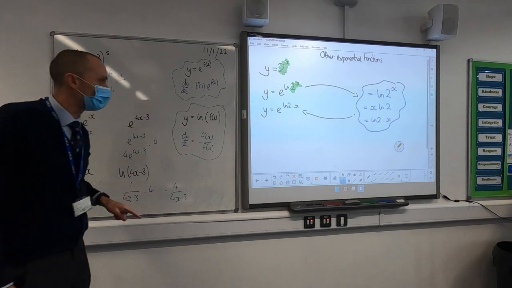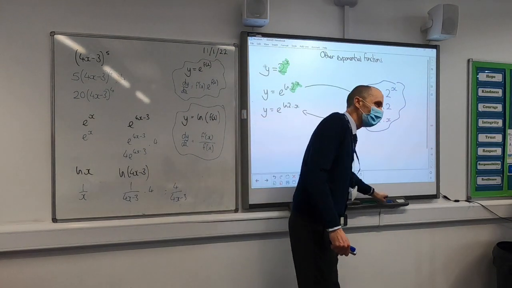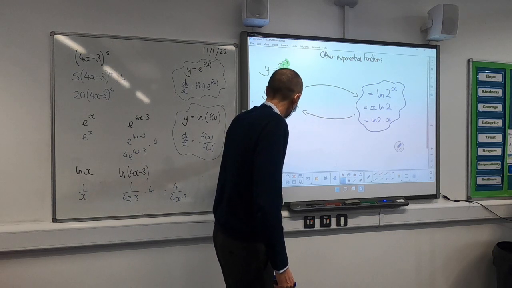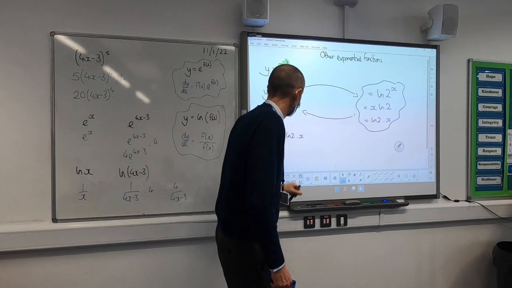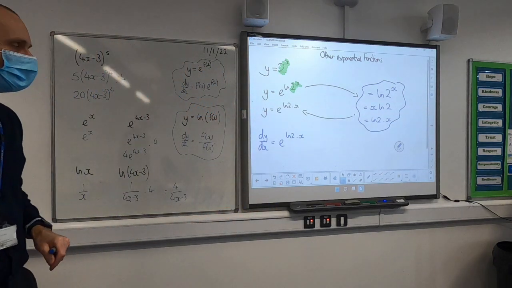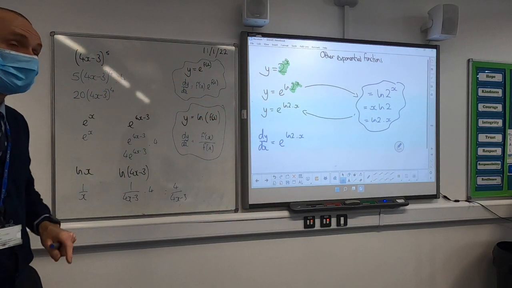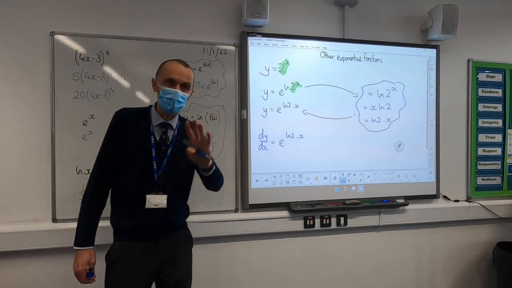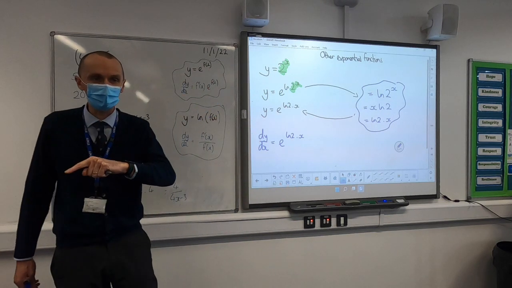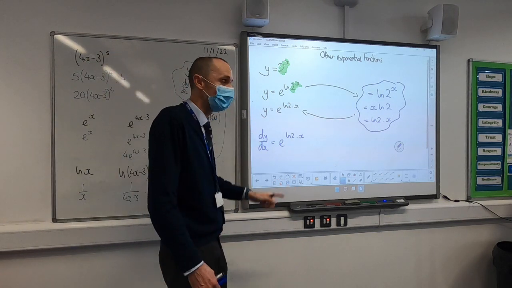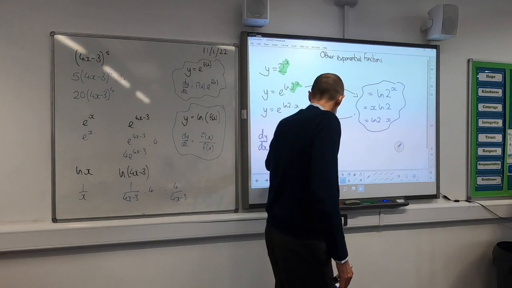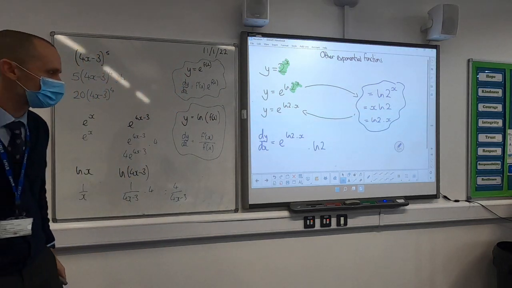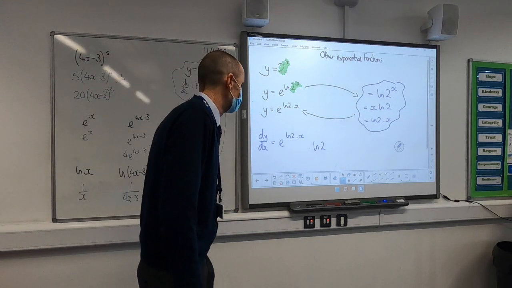So when I differentiate e to the power of something, the power stays the same. And then I multiply by what I get when I differentiate the power. Well, if I differentiate 3x, I get 3. If I differentiate 7x, I get 7. If I differentiate ln2 times x, I get ln2. Which I'm going to write the other way.